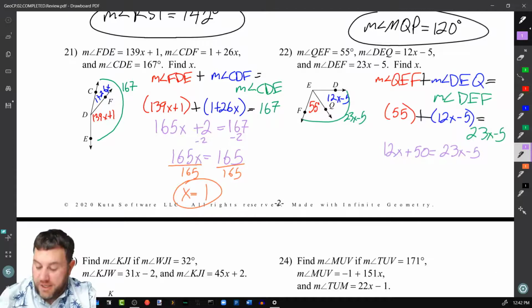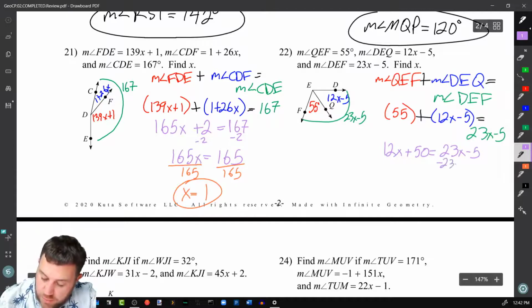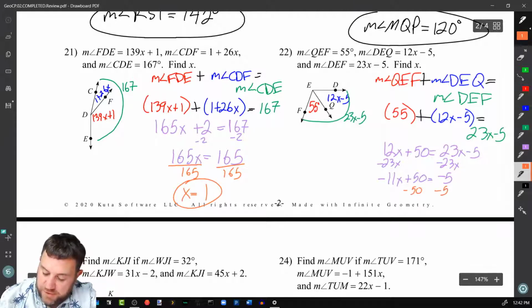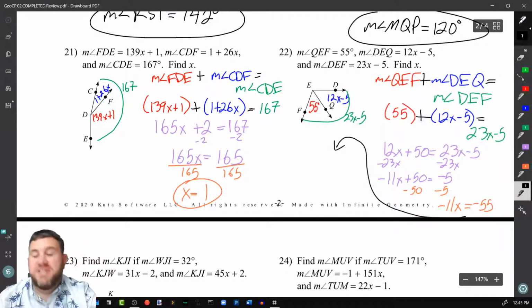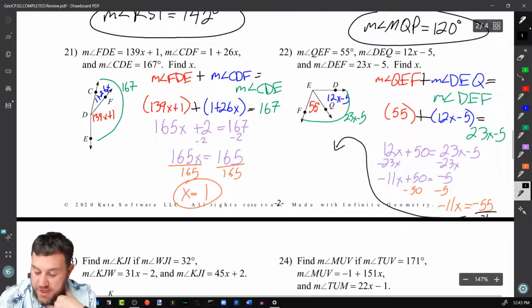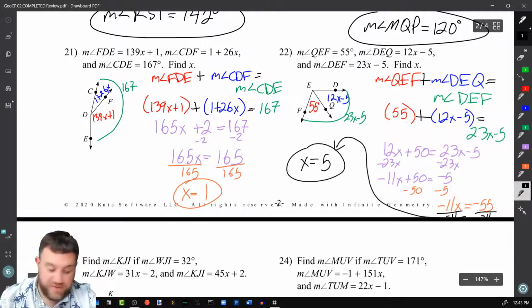Let's move all our x's to one side. Give us negative 11x plus 50 equals negative 5. We'll subtract 50 from both sides, and I'm going to run out of space. Negative 11x equals negative 55. Divide both sides by negative 11. So we get x equals 5.